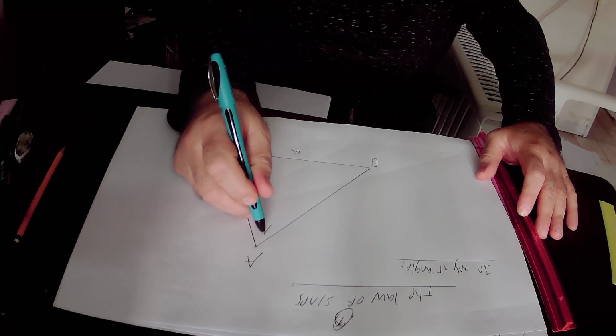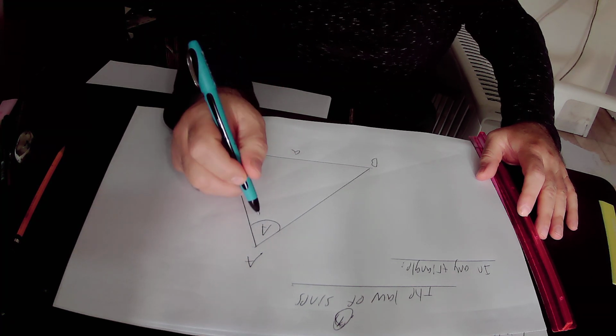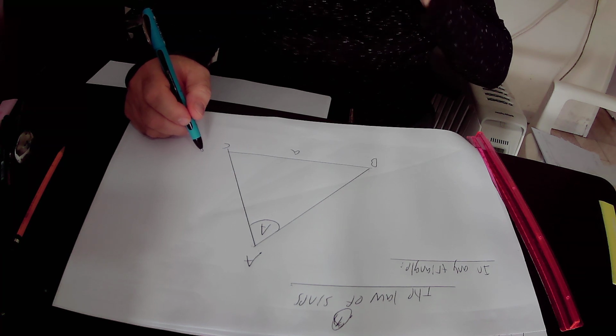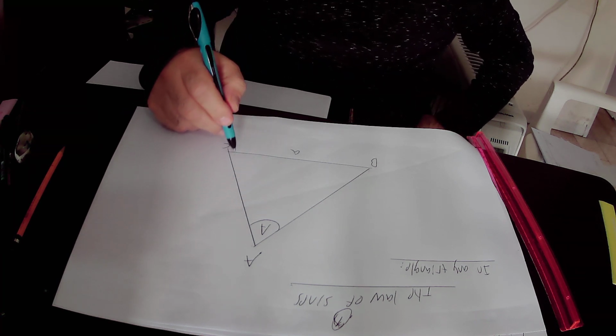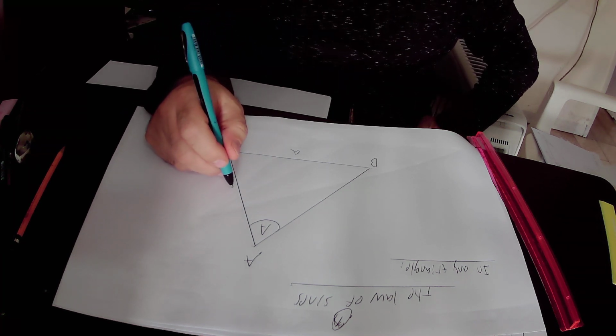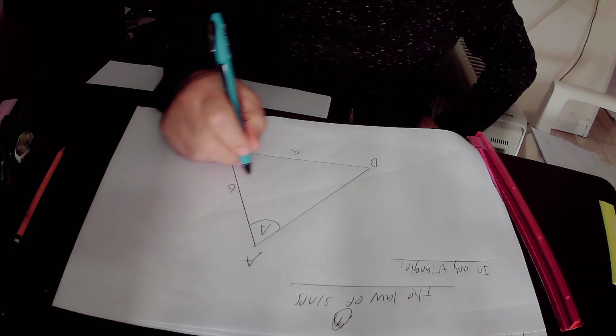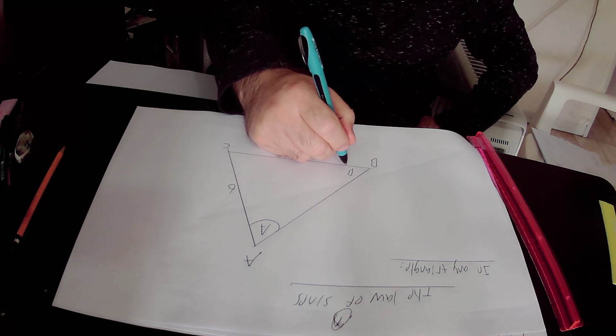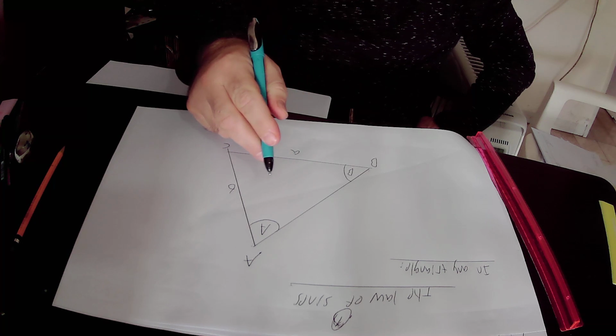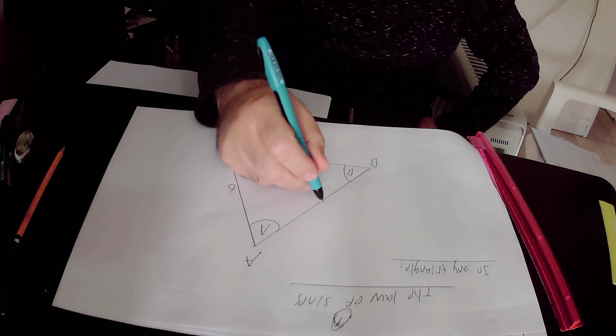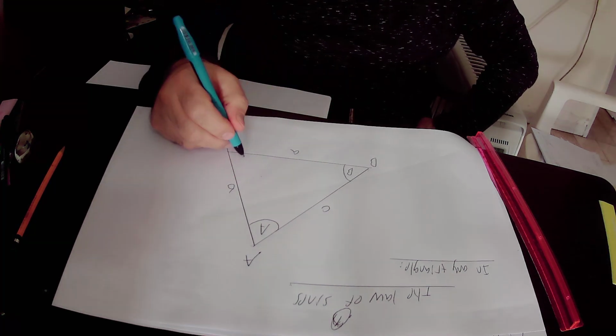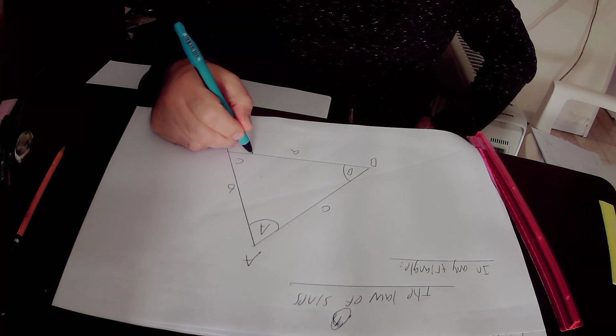This angle is angle A. The length of side AC equals B units. And this is angle B. And the length of side AB equals C units. And this is angle C.